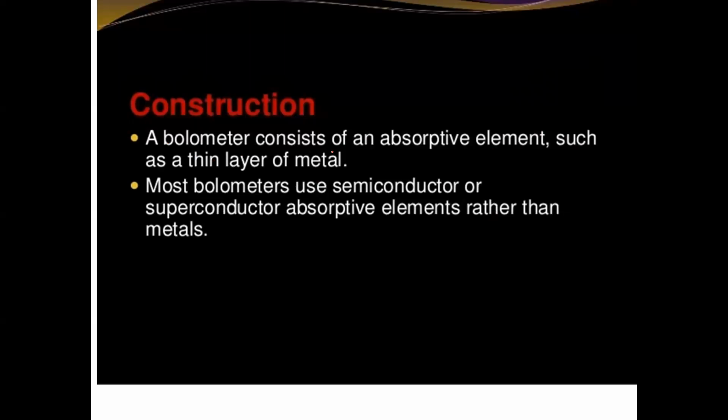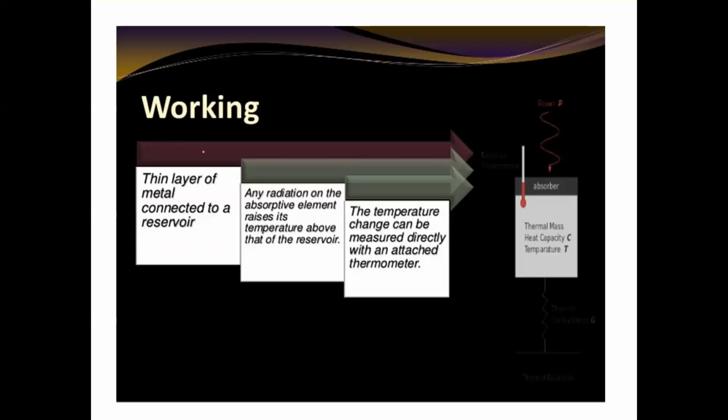Construction: a bolometer consists of absorptive elements such as a thin layer of metal. Most bolometers use semiconductor or superconductor absorptive elements rather than metals, okay. Working: a thin layer of metal is connected to a reservoir, and any radiation on the absorptive element raises its temperature above that of the reservoir. The temperature change can be measured directly with an attached thermometer, okay.